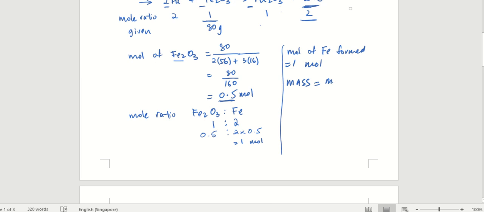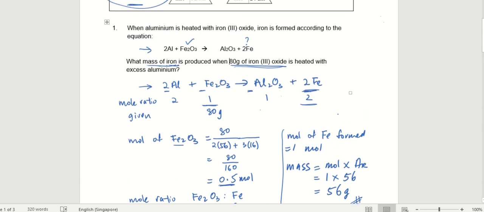I use Ar because we're calculating iron, which is just an element. So 1 mole, which we just calculated, multiplied by the Ar of iron, which is 56. Therefore, the answer is simply 56 grams. We have just found the mass of the iron formed from the above reaction.